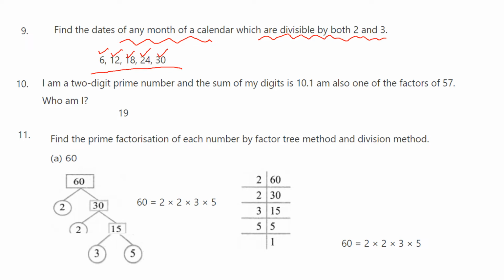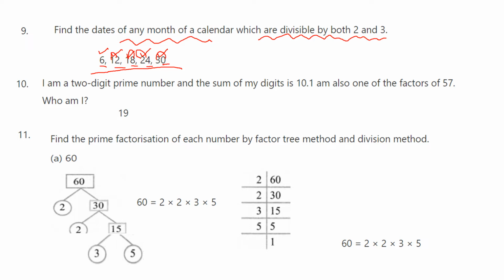So these numbers are divisible by both 2 and 3. Because for 2, the ones place is even. Here all ones places are even. And for 3, if we add digits, 6 is divisible by 3, 1 plus 2 is 3, 1 plus 8 is 9, 2 plus 4 is 6, and 3 plus 0 is 3. All numbers are divisible by 3 also.